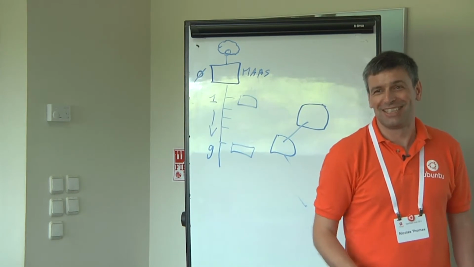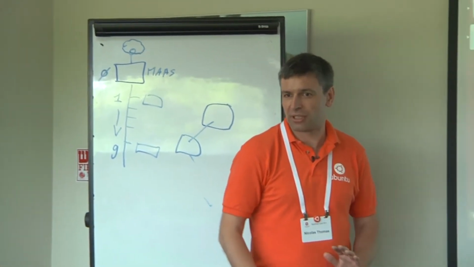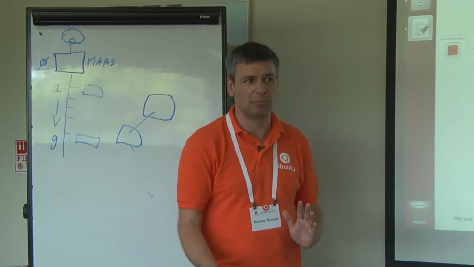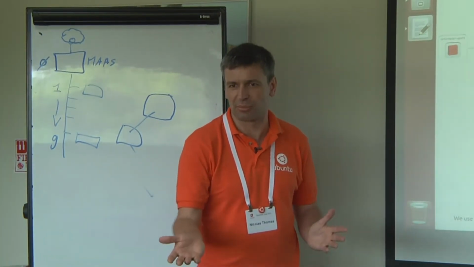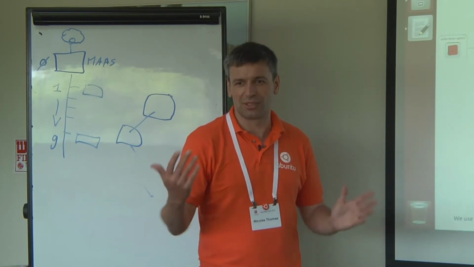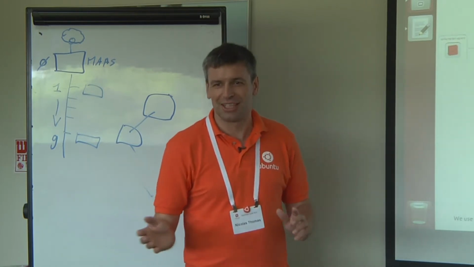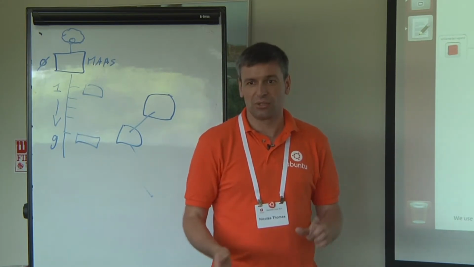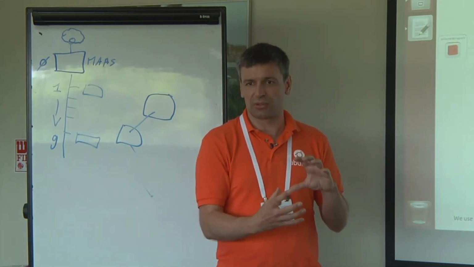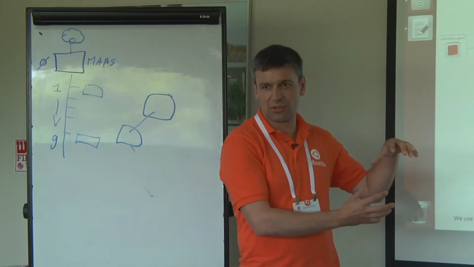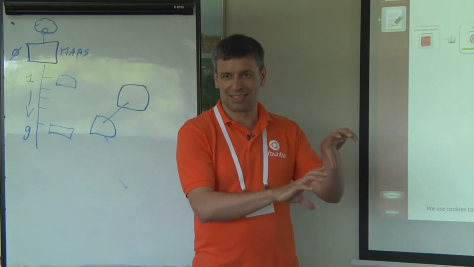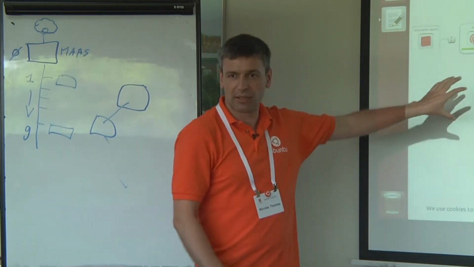Correct. You don't need it, but if you love Puppet, you want to invest a lot in your Puppet scripts. You can encapsulate your Puppet scripts into a charm. So you can reuse your Puppet scripts, put that in a hook, create the relationship, and have a charm there.